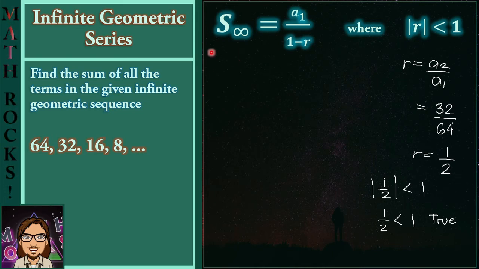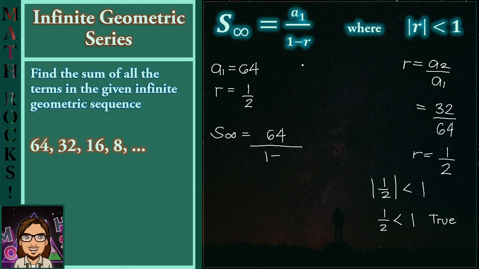And now, having the first term of positive 64 and our calculated value for the common ratio of 1 half, let us substitute this information to the respective variables in the formula. So we have our a sub 1 equal to 64, and we have our common ratio equal to 1 half.